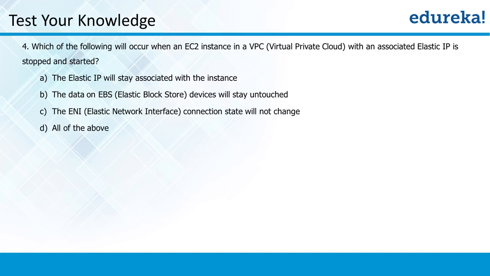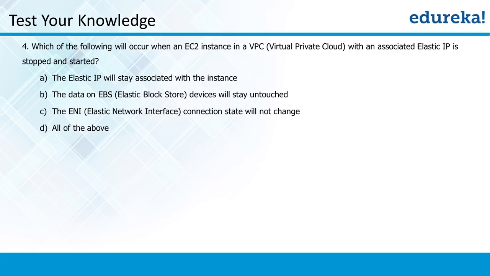true. And let me tell you a little bit about this question, right? And why it's a little complex, little tricky question. So what used to happen before VPCs, right? Before VPCs is that if we used to have instances in the public cloud, right? Directly in the public cloud, and there, if the instance restarted, or if the instance was stopped, then the Elastic IP address would get disassociated, right?